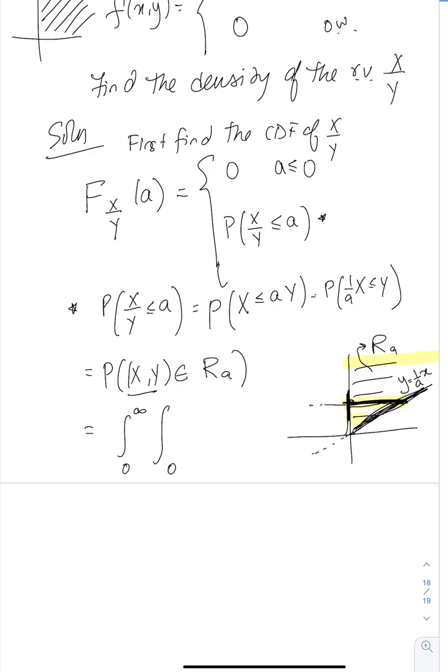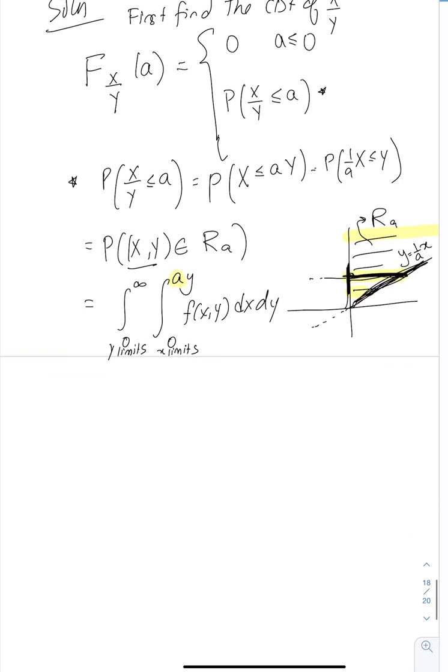Okay. All right, and you put in the joint density. These are the x limits, and these are the y limits. dx dy. Okay.